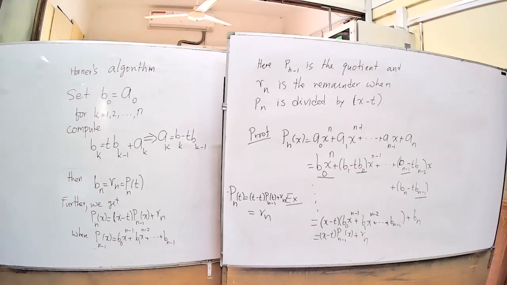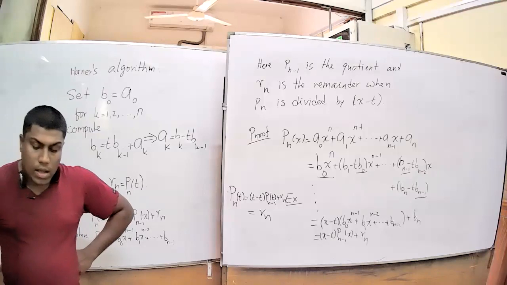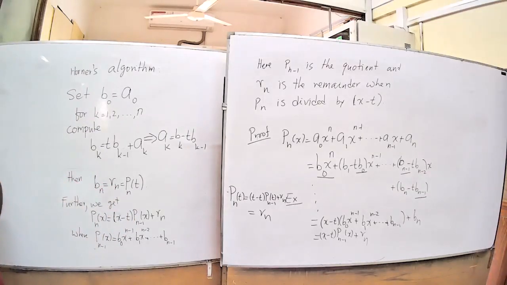This is how Horner's algorithm works to give you an evaluation of the polynomial at some point, and in addition to that, it works as a division algorithm as well. Eventually it is not only evaluating the polynomial, but it also helps you apply the division algorithm. So this is how Horner's algorithm works.